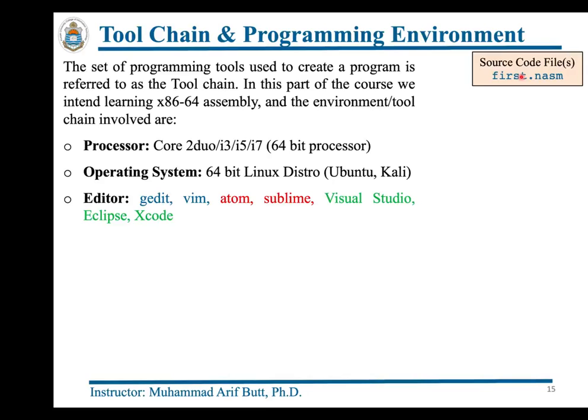Well, an IDE is an integrated development environment, which is a self-contained package that allows you to write, assemble, execute, and debug your code in the same place. Some IDEs that you can use for x86 assembly are Microsoft Visual Studio, Eclipse, Xcode, and Qt Creator.